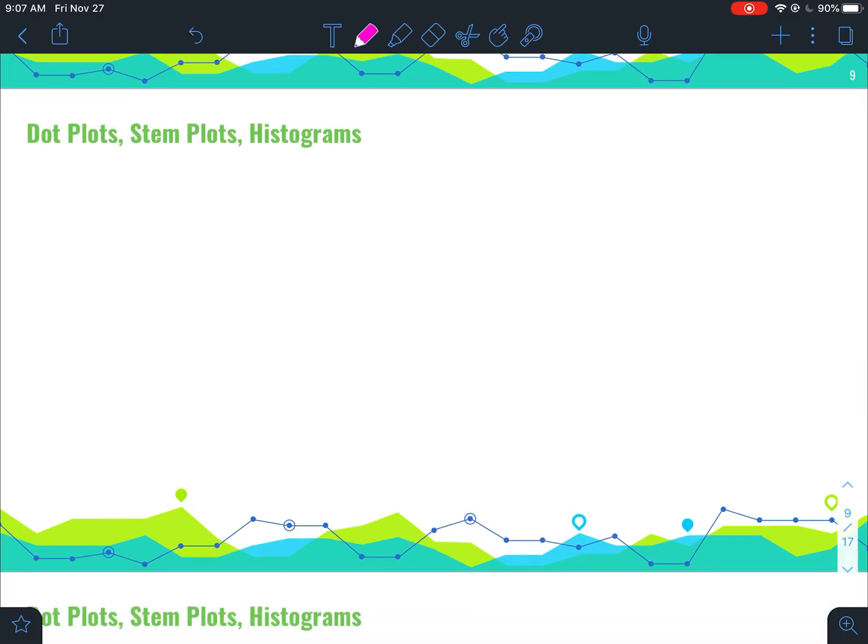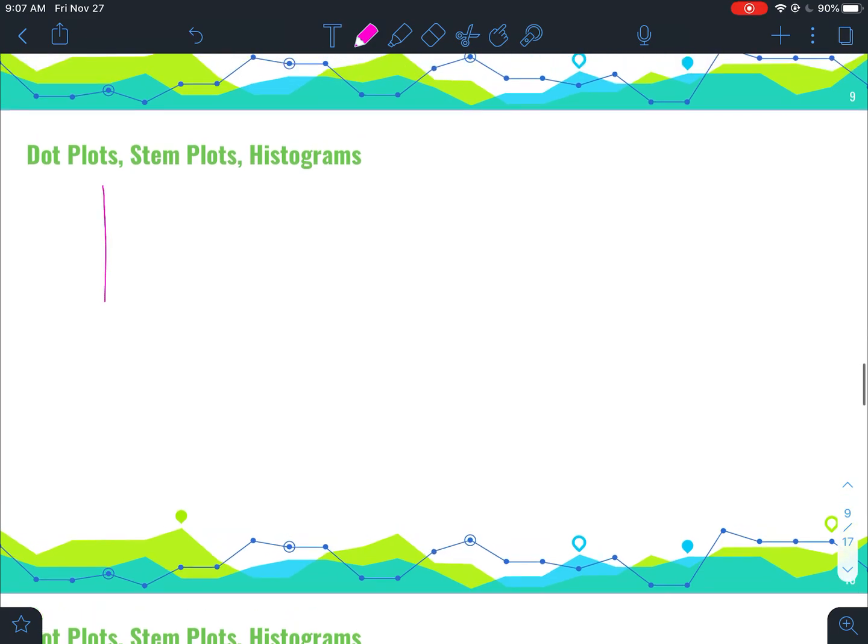All right, dot plots, stem plots, and histograms. So if you had a data set, you could arrange that data set in a couple different types of graphs. One could be a dot plot, and a dot plot could be like, you know, you could have 1 of something, 2 of something, 3 of something, 4 of something, or like 5, and this could be how many people had that.